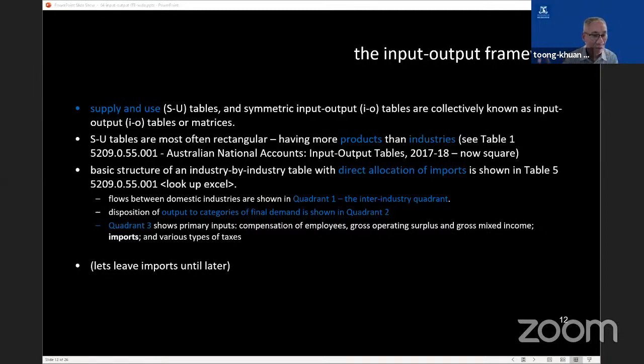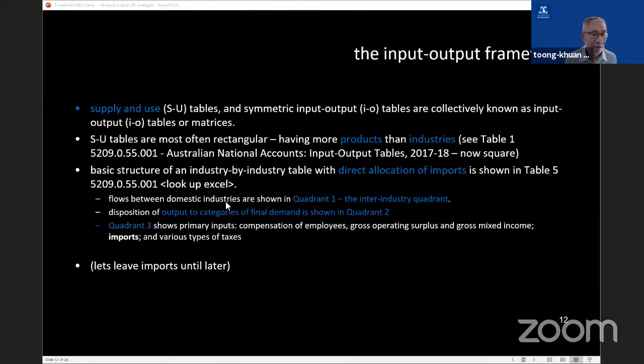So it's always square. Previously, some of the supply use tables were rectangular, having more products than industries, but nowadays it's always square. So I've shown you the basic structure of an industry by industry table, which is shown in table 5.